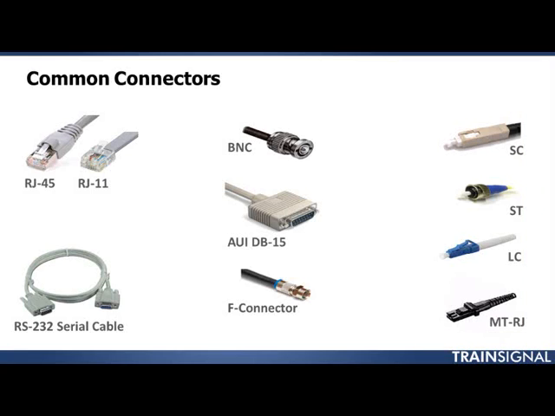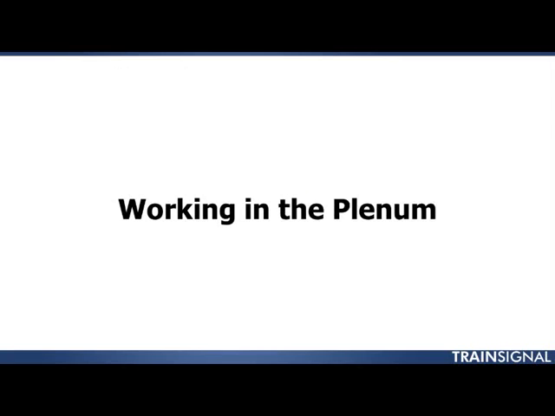The main thing that I want you to understand by all of these different connectors that we're looking at is it's pretty much the connector that's going to help you to know exactly what type of cable you are looking at. Okay, so if you can recognize by sight the different connectors, you can also then recognize by sight the different types of cables.